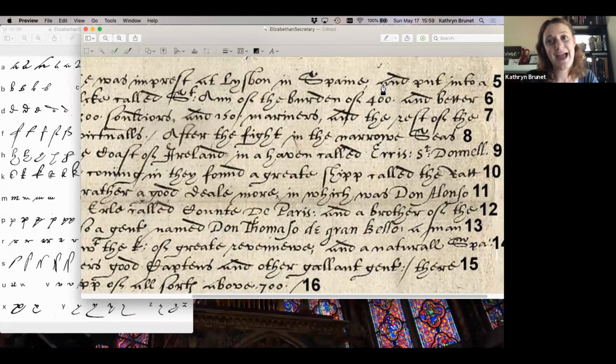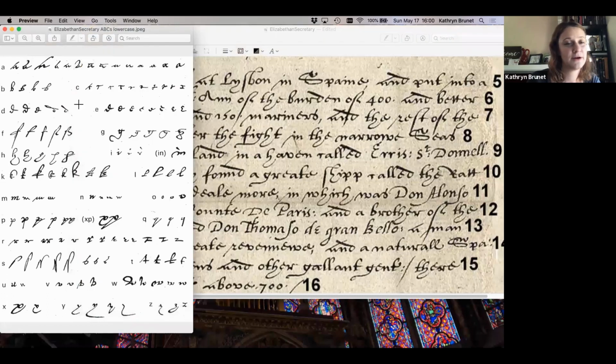All right, we have another A here, this big strike up the top of the A, part of that A, N, D. This D is reaching way over. This is a medieval looking D, not at all what you would expect from something from this time period, but these Ds are very typical for secretary.